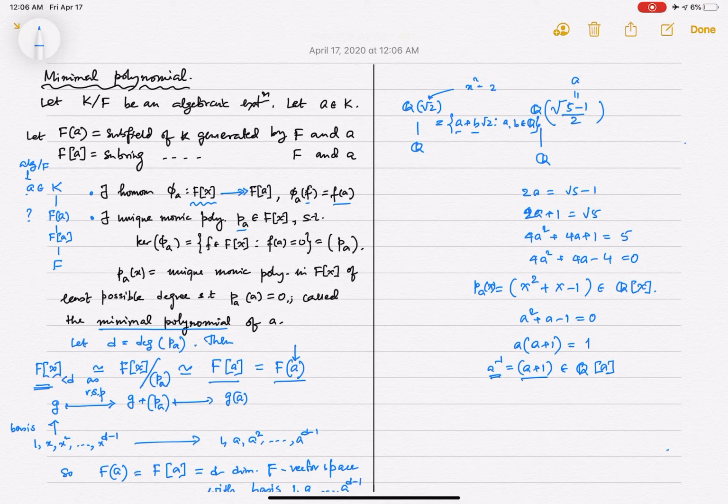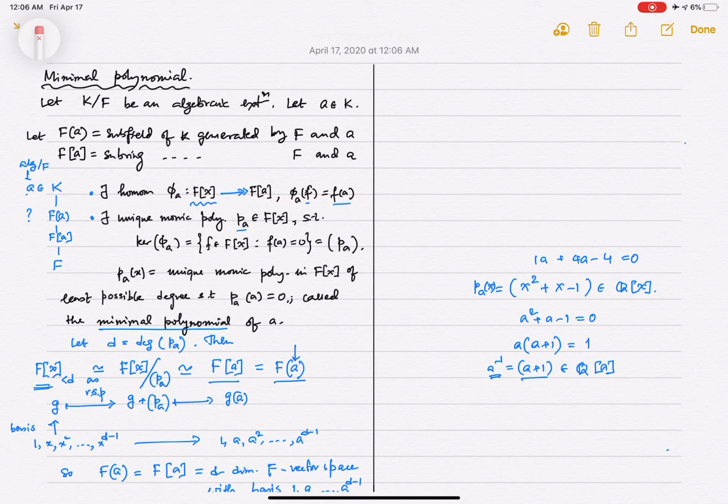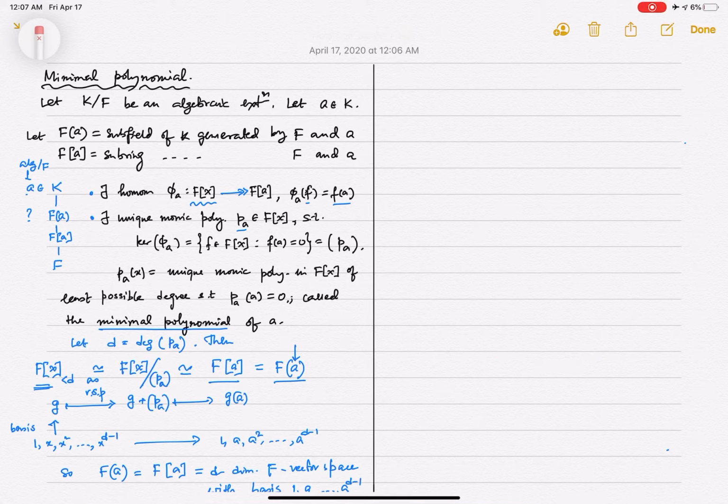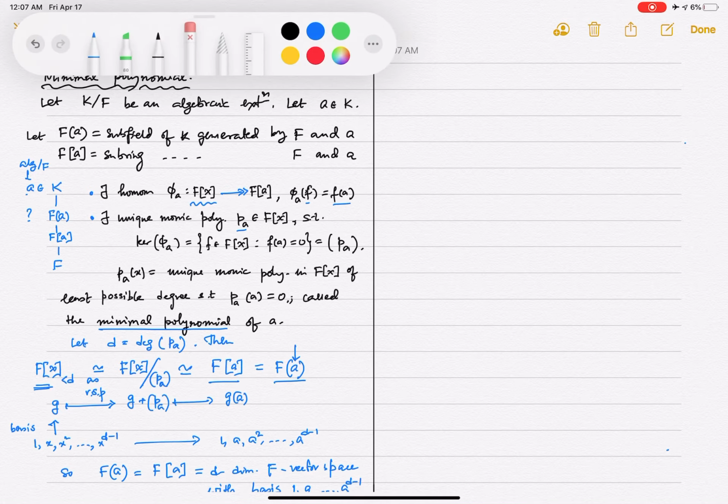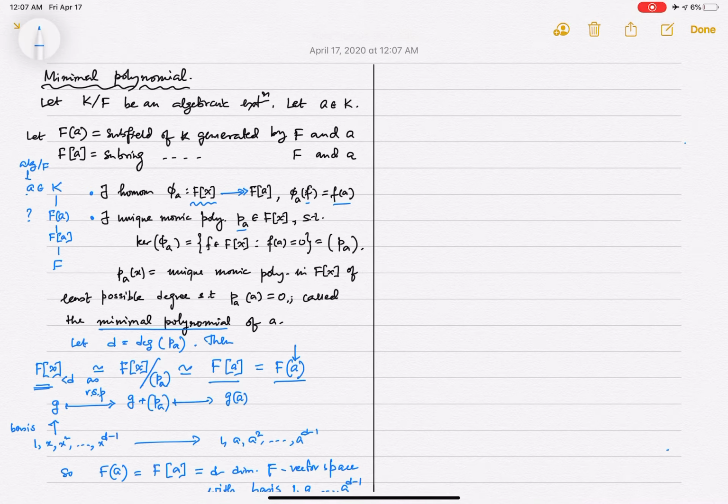And now I want to say that all this has a converse. So we started with an algebraic element and described the field that you get by adding it. It's the same as taking the polynomial ring and quotienting by this minimal polynomial. Conversely, suppose you start with an irreducible polynomial.